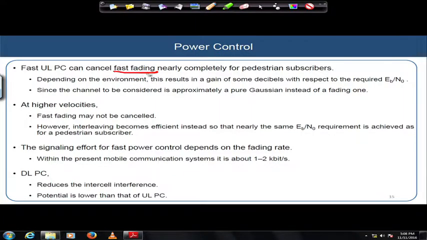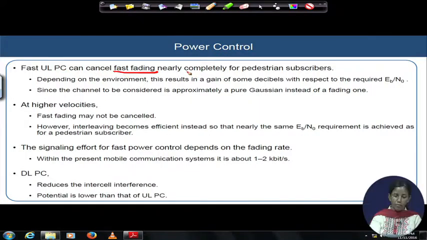So, when the fast fading is there in the channel, uplink power control cancels it almost completely for the pedestrian subscribers. So, depending on the environment, that results in some gain of some decibels with respect to the required Eb/N0. If you can apply the power control, it will give you a gain in the dB level.